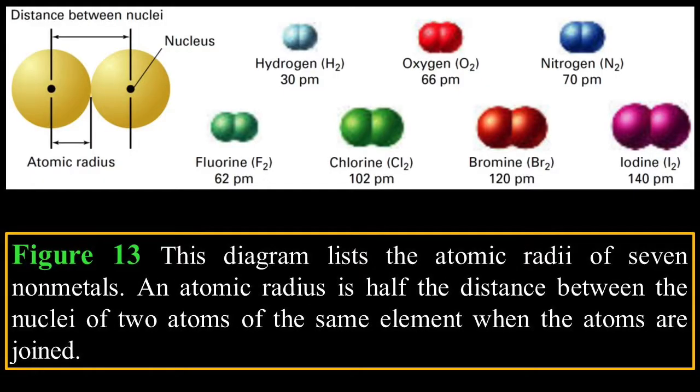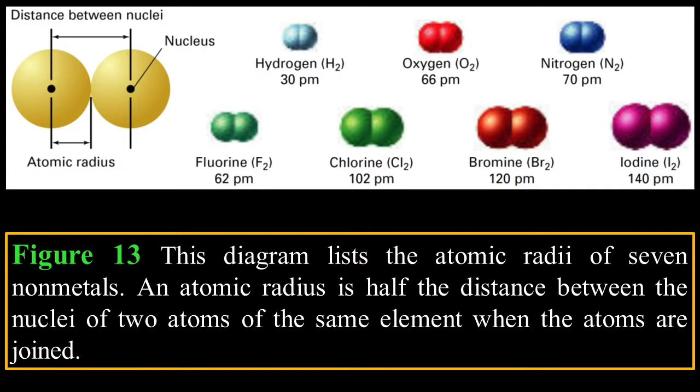Actually, half of the sphere, you would say. Figure 13 lists the atomic radii of 7 nonmetals. You can see pm means picometers. That's 10 to the negative 12th.